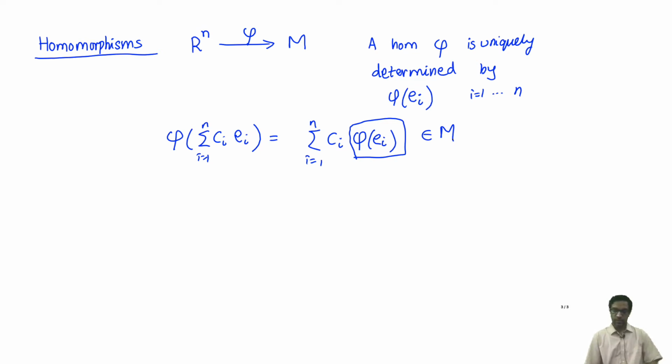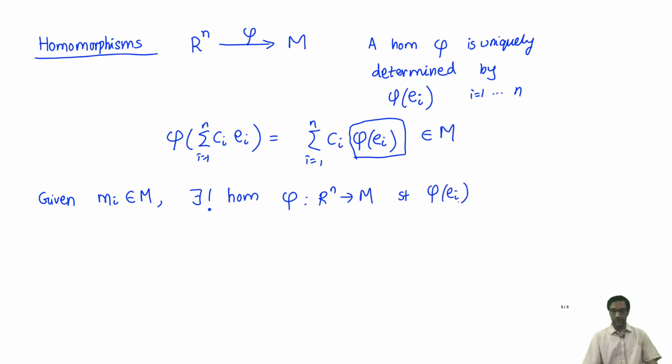Maybe one should make this slightly more precise, and you can prove it from what I just said. Here's the statement: given mi's in M, there exists a unique homomorphism phi from R^n to M which maps ei to mi.